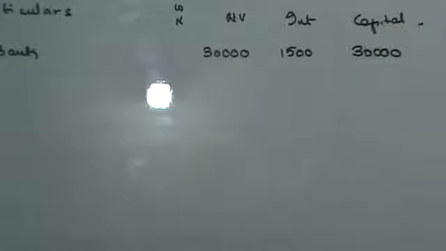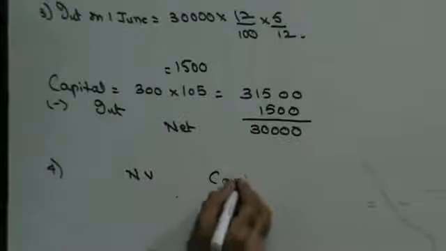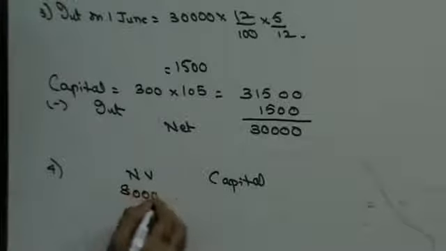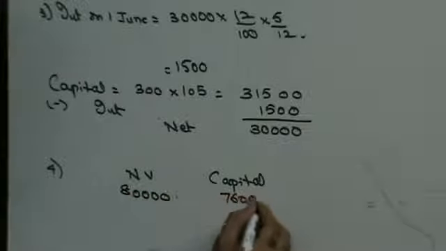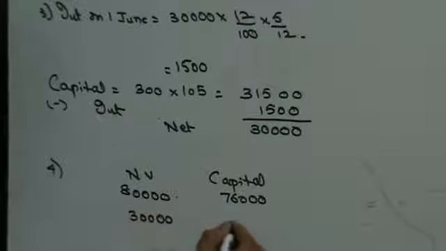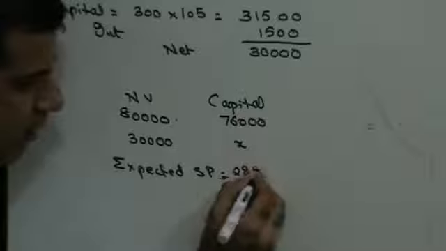Now once you sell, you have to find out the profit or loss on sale of debentures. Before the date of sale, you had 80,000 worth debentures whose capital value was 76,000. On the date of sale, you have sold 30,000 of debentures. So what should your expected selling price be? 28,500.